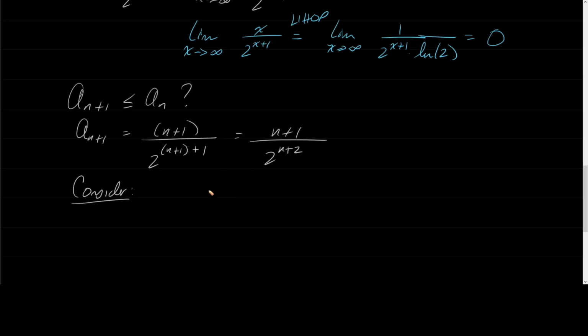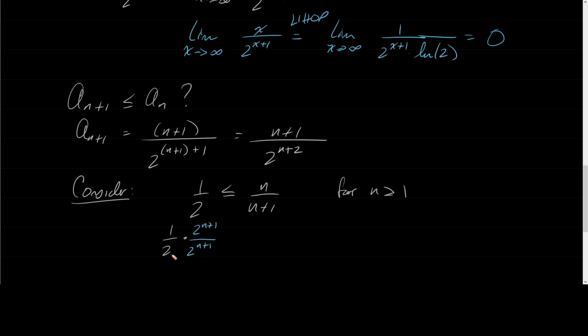I'm going to write 1/2 is less than or equal to n over n plus 1 for n being greater than or equal to 1, right? But instead of looking at this as 1 over 2, what I'm going to do here is multiply this 1/2 by 1. And the 1 I'm going to multiply by is going to be 2 to the n plus 1 over 2 to the n plus 1.